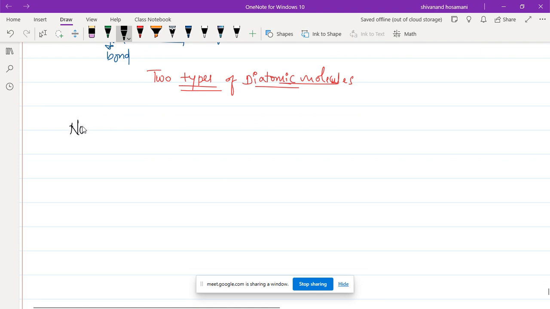Here let us consider non-polar molecules. Non-polar molecules don't have a permanent dipole moment.